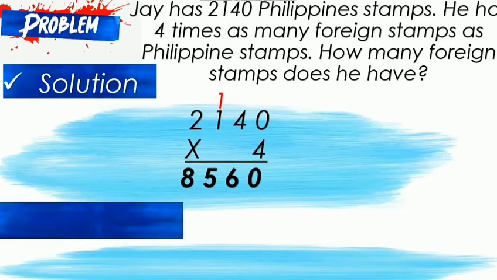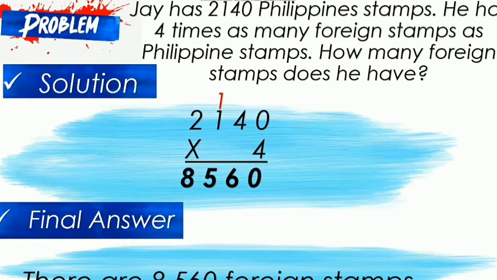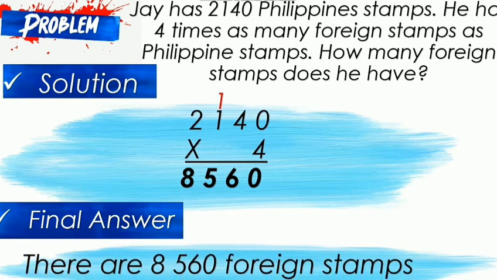By the time you do that, you have 8,560. So that will be your solution. Our final answer is that the number of foreign stamps he has is 8,560. This is actually very simple, very easy to solve.